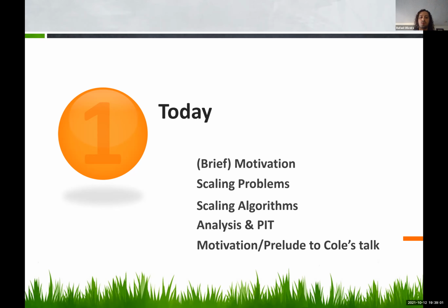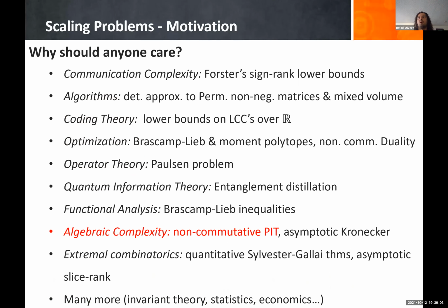Okay, so why should we care about scaling problems? Well, scaling problems actually appear in several different areas, not only in our beloved GCT and algebraic complexity. So, for example, if you think about Forster's technique for sign rank lower bounds, it's actually a very special case of operator scaling, when you have rank 1, when you have vectors.